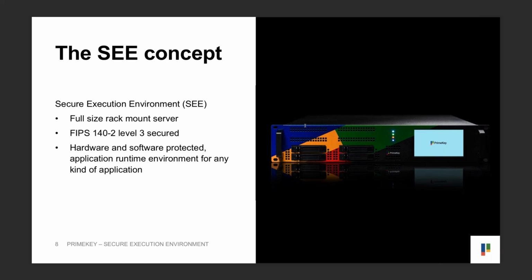That means the hardware and software is protected, and the application that is running inside this server, or the application stack, is protected against unauthorized access from outside at any time or in any state of this application. That was the concept, and it is still the concept, and that is what we achieved with this secure execution environment.